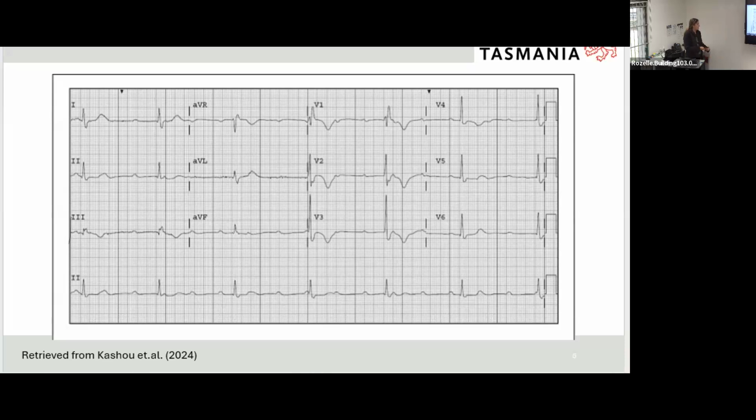So in our lead 2 rhythm, we can see that our J point is isoelectric, and that's pretty consistent across most of the leads. Is there any lead where that's a little bit questionable, or are we pretty happy that it's pretty isoelectric across the board?